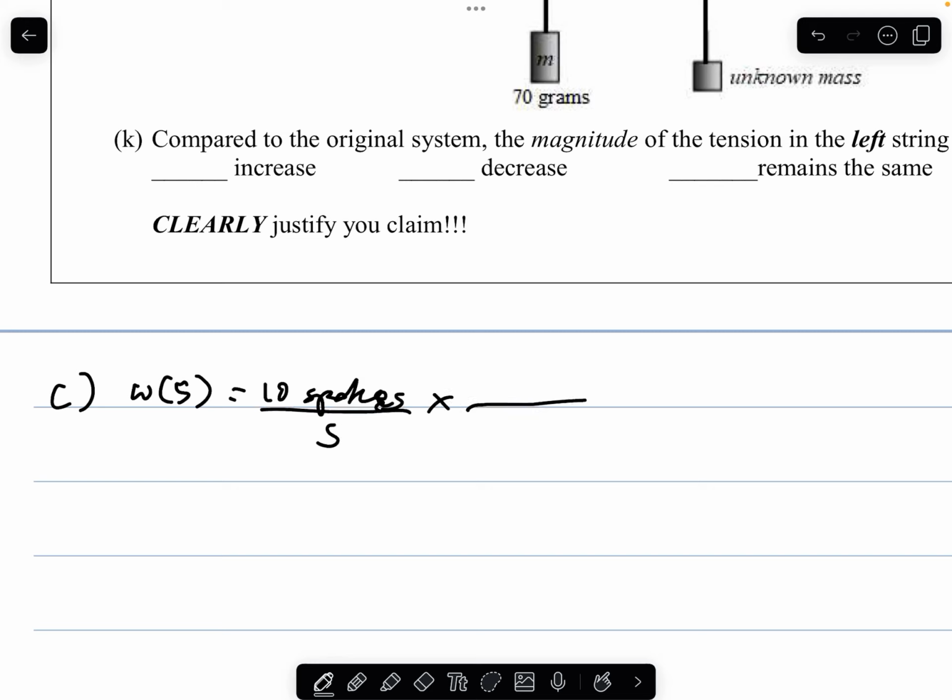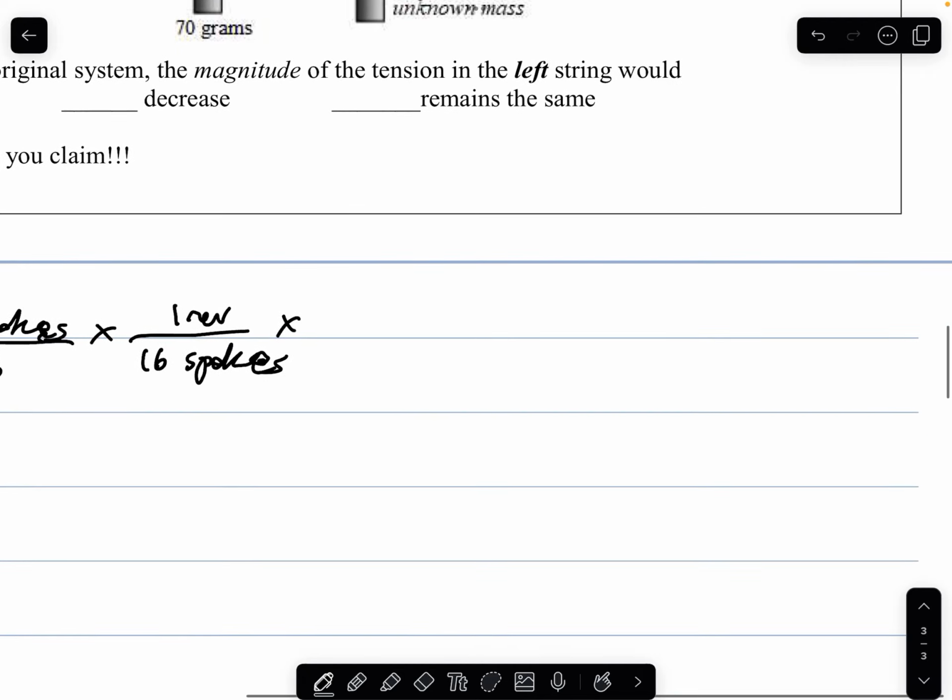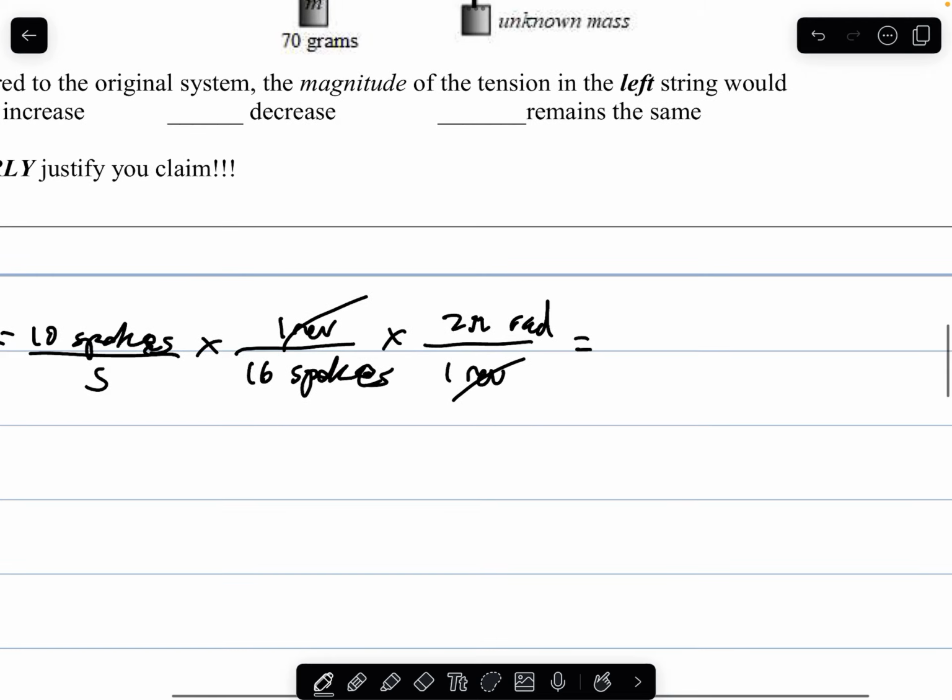I know 16 spokes make up 1 revolution, and then 1 revolution is 2 pi rad. So when you simplify everything, the angular velocity at 5 seconds is going to be positive 3.93 rad per second.